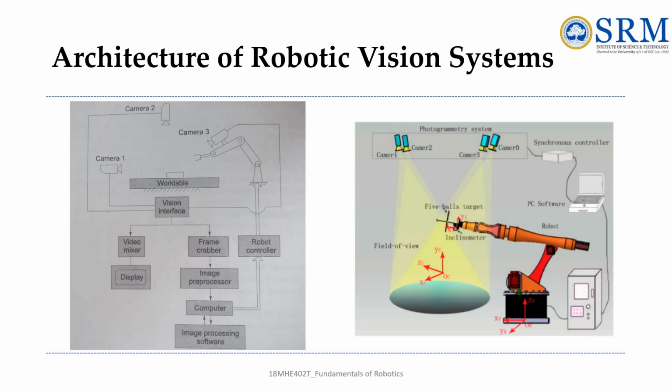So next about the architecture of robotic vision system. So we know that robot vision is to extract, characterize and interpret objects present in an image or a photograph captured using a camera. Okay. So first step is to capture image of the environment using CCD camera.